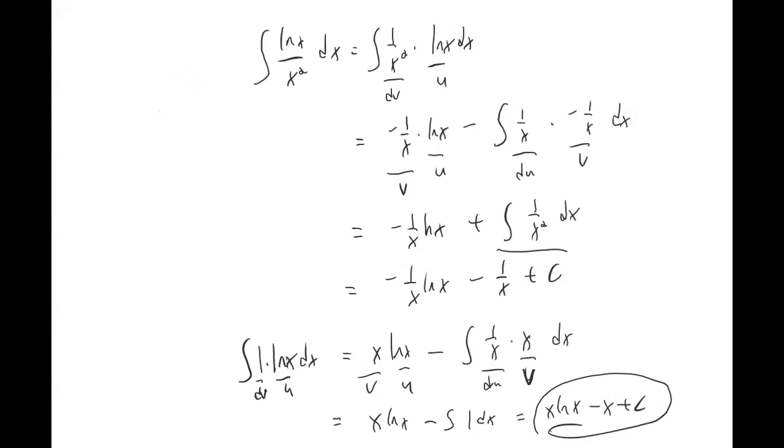So on your WebAssign, you would have cosine inverse, right? What you would do is rewrite that. It's the same technique. You would rewrite that as 1 times cosine inverse. You derive the cosine inverse, which you know, right? You know the derivative of inverse trig functions, and then you take the antiderivative of 1, which is x, and then that integral you should be able to solve.